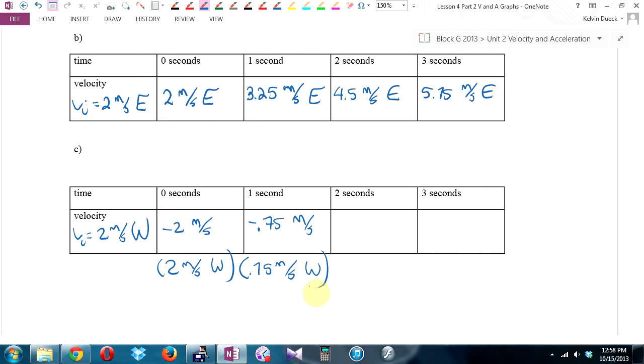Okay, after 2 seconds, how fast will you be traveling? Let's see. We have 1.25 meters per second of acceleration.